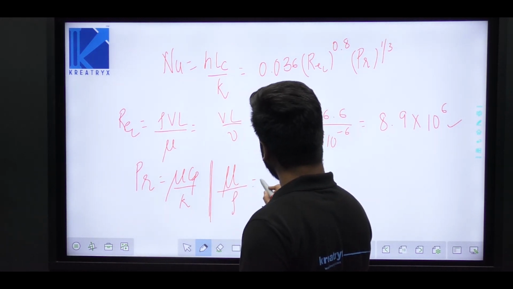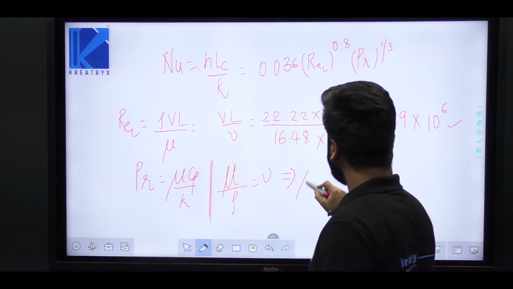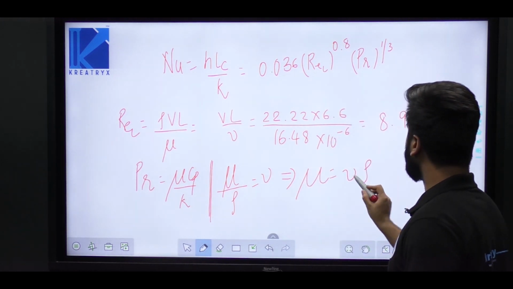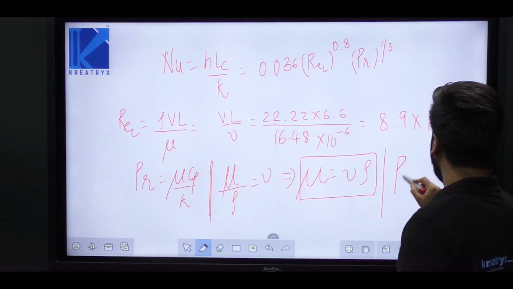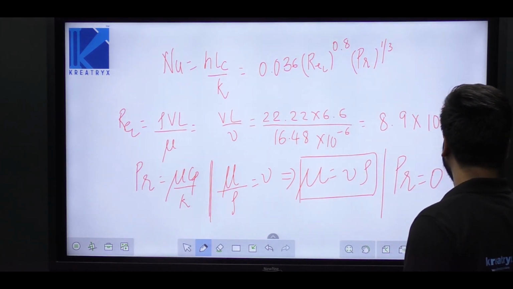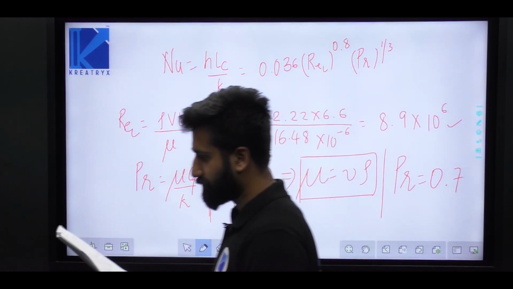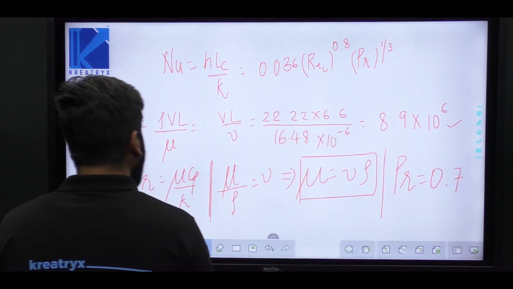Mu by rho is nu, so mu is equal to nu rho. Nu is given to you, rho is also given to you. Use this. Prandtl number will be 0.7. Yes, it is 0.7.